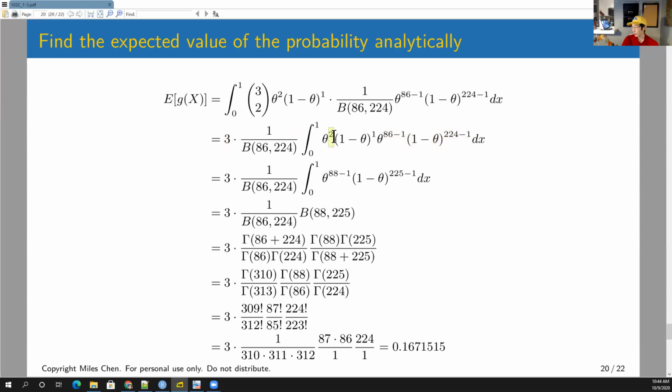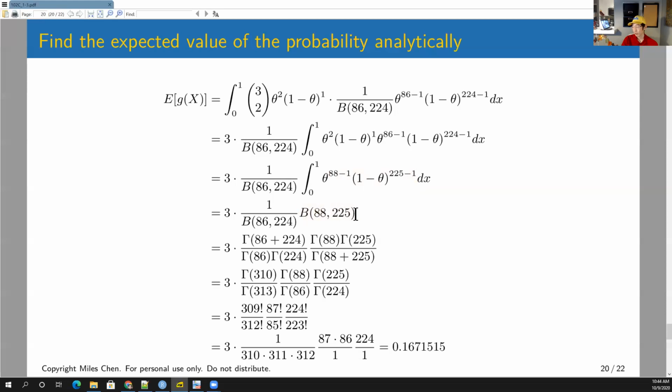These combine: theta squared and theta to the 86 minus 1 becomes theta to the 88 minus 1, and 1 minus theta to the 1 combines to 1 minus theta to the 225 minus 1. Now using this definition, I can say that this evaluates to beta of 88 and 225.